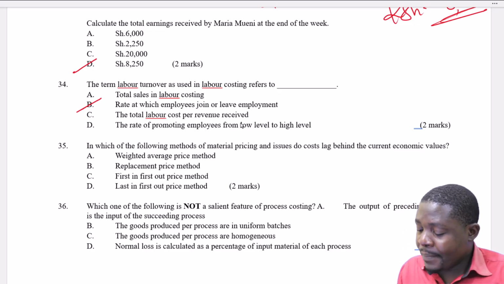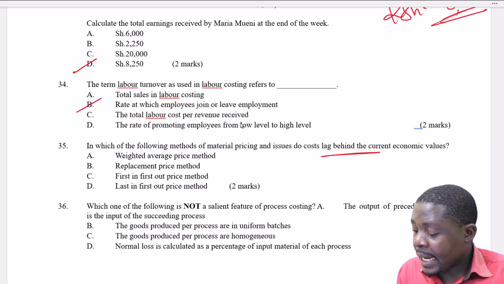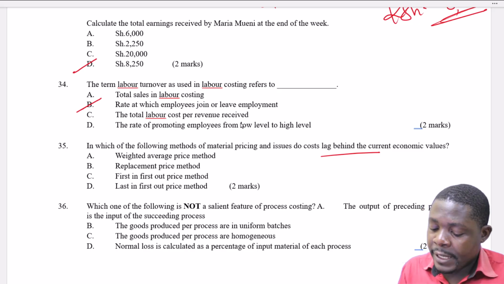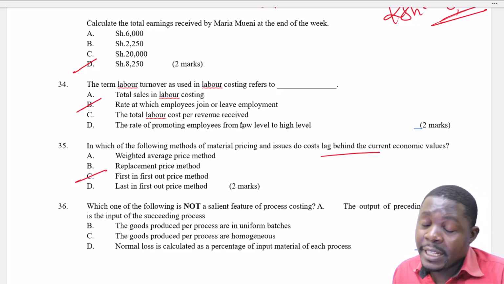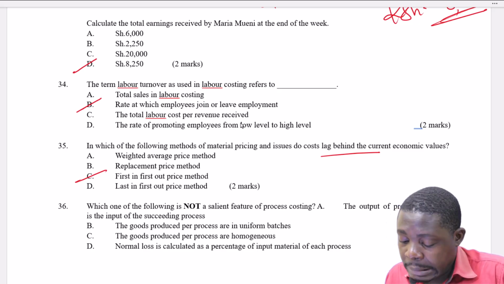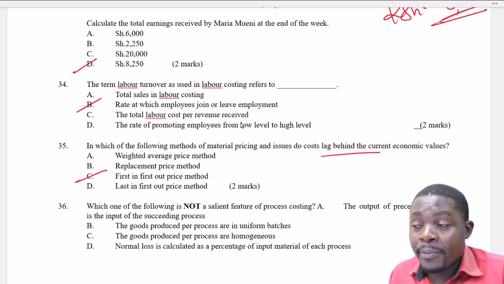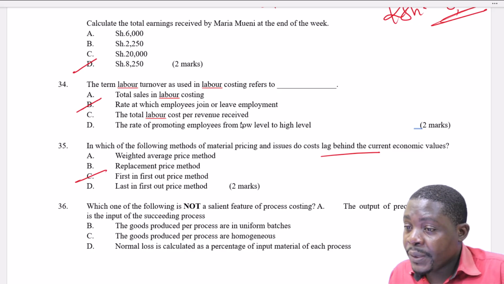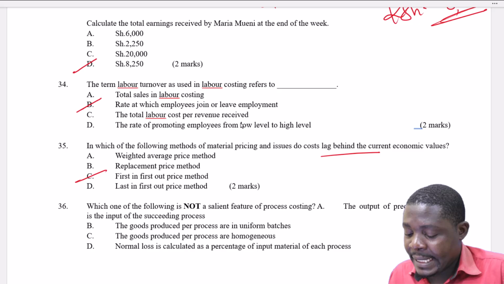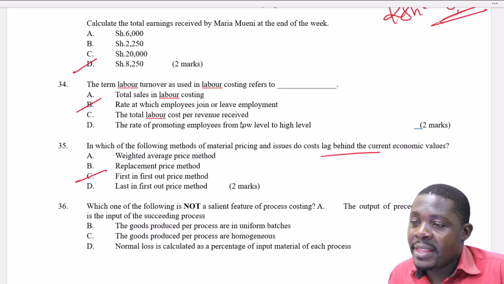In which of the following methods of material pricing issues to cost lag behind the current economic value? You have the first in, first out method. Why first in, first out method? Because remember, when you are looking at inventory costing and the first in, first out method, when we are issuing out the material, we issue using the price that was used to acquire this particular material.